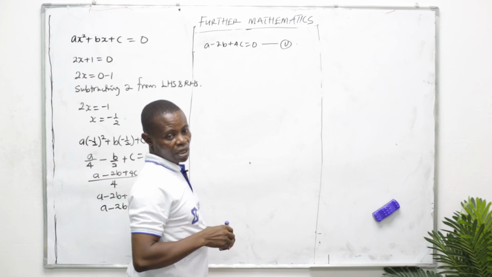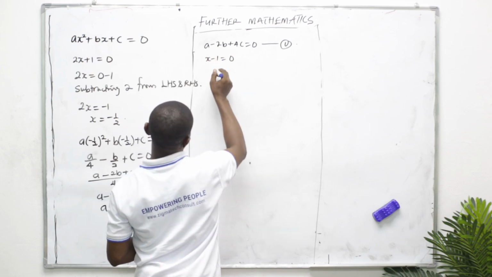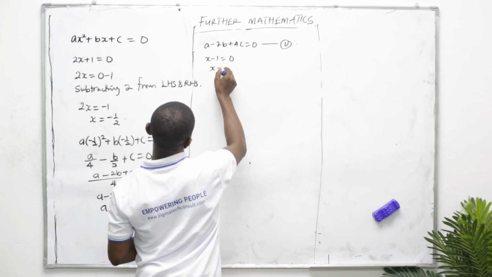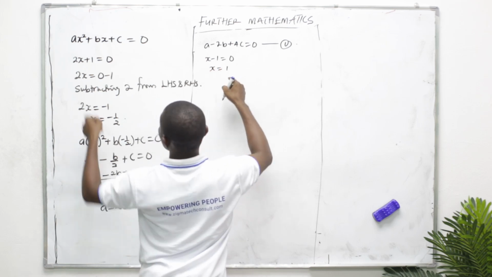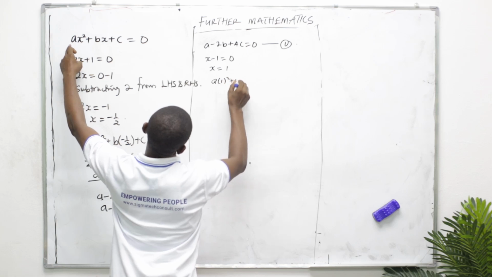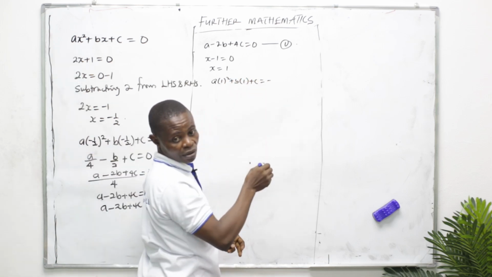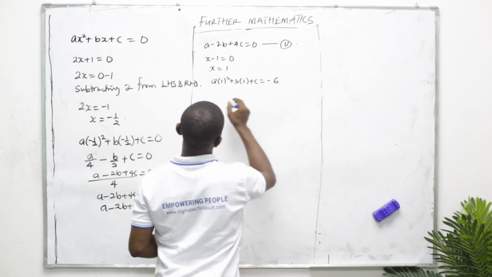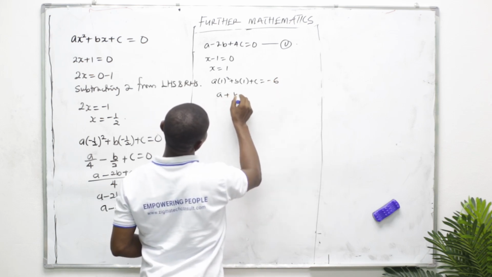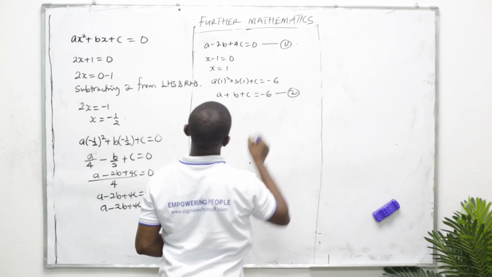The other one is x minus 1, according to the remainder theorem, is also equal to 0. x here is 1. Substituting this value here, we have a into 1 squared plus b into 1 plus c equals minus 6. So a plus b plus c equals minus 6, equation 2.